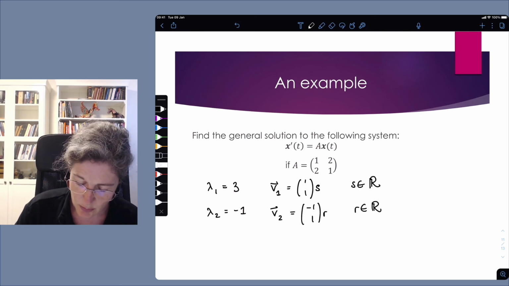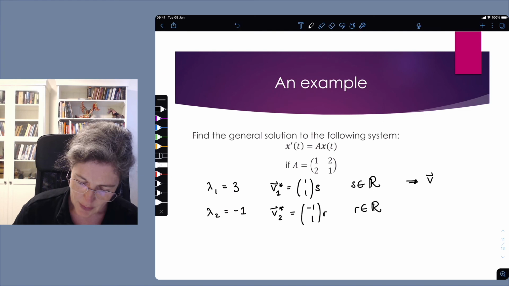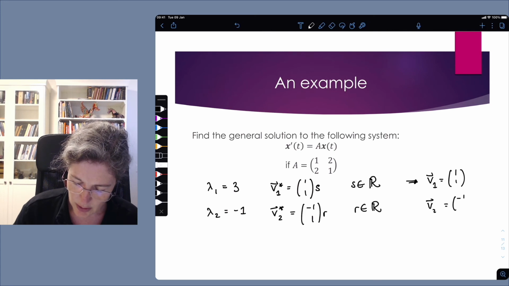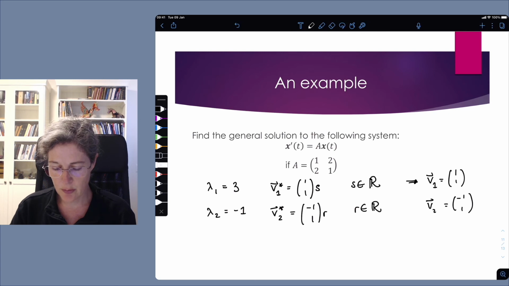So I'm just going to keep it really simple, and I'm going to call this V1 equal to 1, 1, and V2 equal to minus 1, 1. We didn't have to pick those, so you could have picked different values for S.